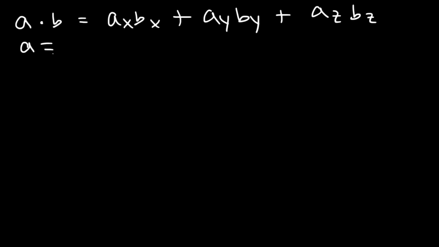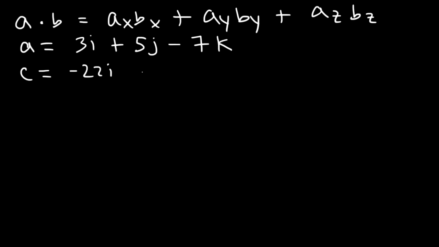Now we know that vector A is 3i plus 5j minus 7k. So AX is 3, AY is 5, AZ is negative 7. Vector C, we got it to be negative 22i minus 26j minus 28k.